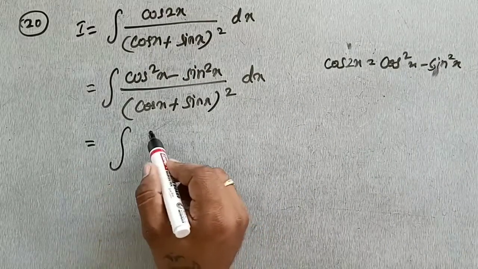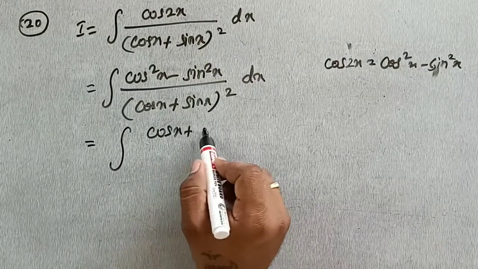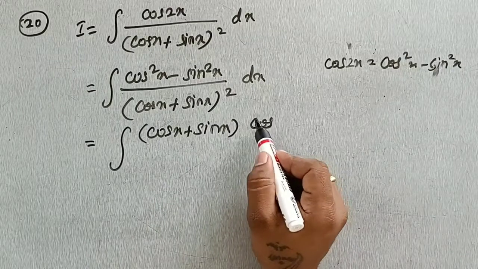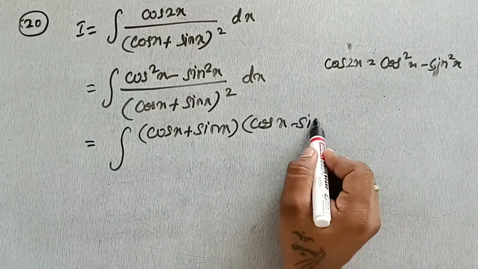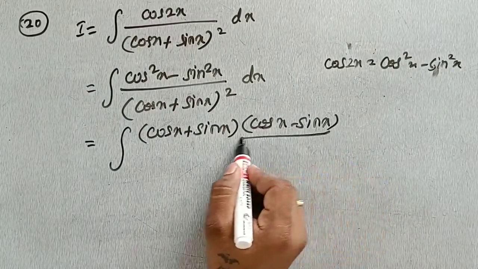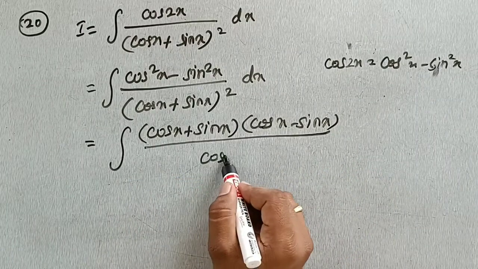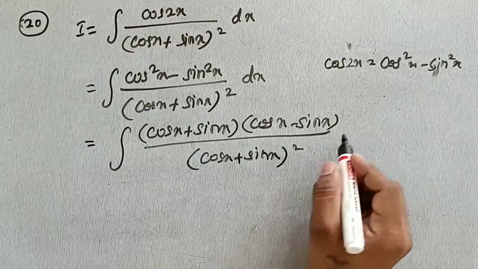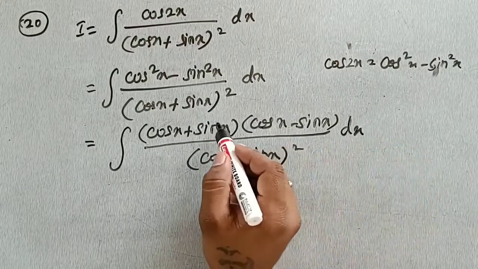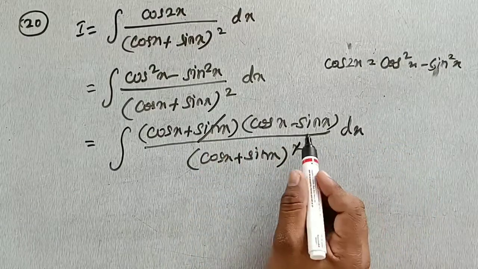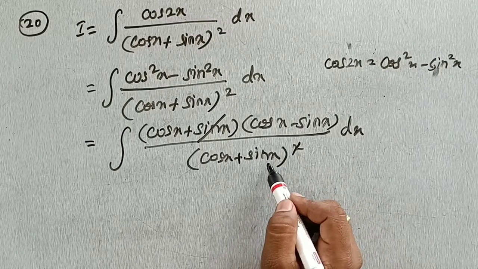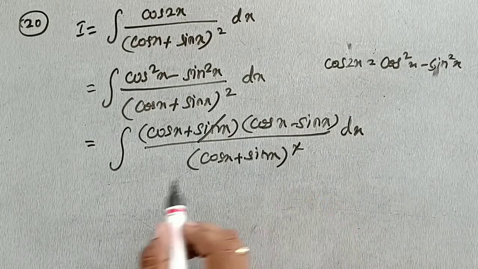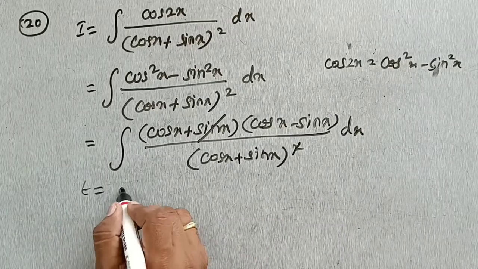That is, the numerator can be written as cos x plus sin x into cos x minus sin x, whole divided by cos x plus sin x the whole square into dx. So these two get cancelled. So the denominator, cos x plus sin x, I am taking as t here.